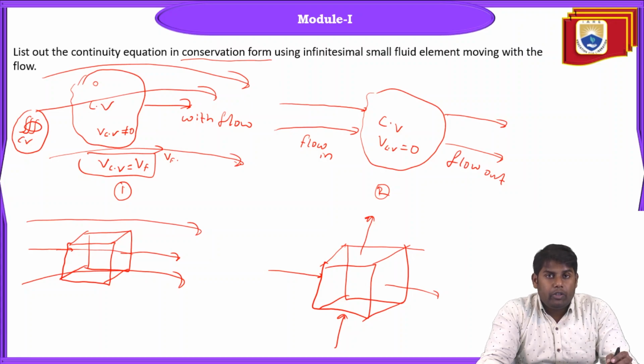So there is both the movement of the engine and the flow entering and leaving the control volume, which is the engine. That is why we use a control volume fixed in space, or one moving with the flow.